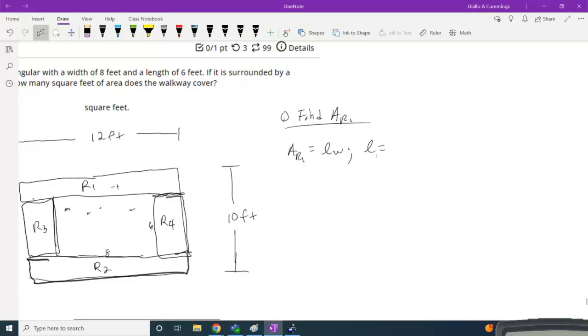Well, my length should be 12 and my height is going to be 2. My length here is 12 because that's my overall length, and then my height is 2 feet because it extends 2 feet. So the area of rectangle 1 is 12 times 2, which is 24.